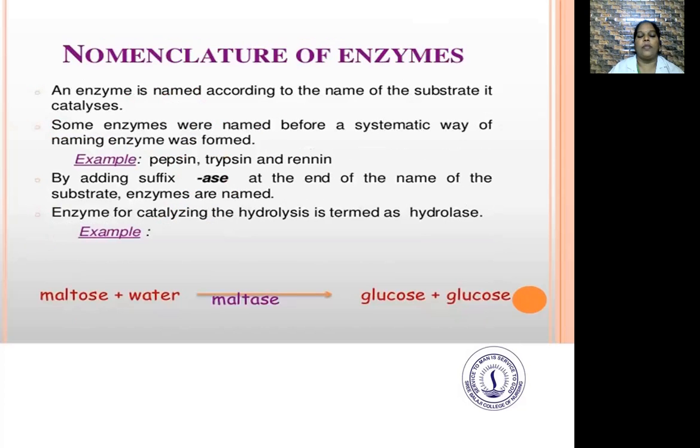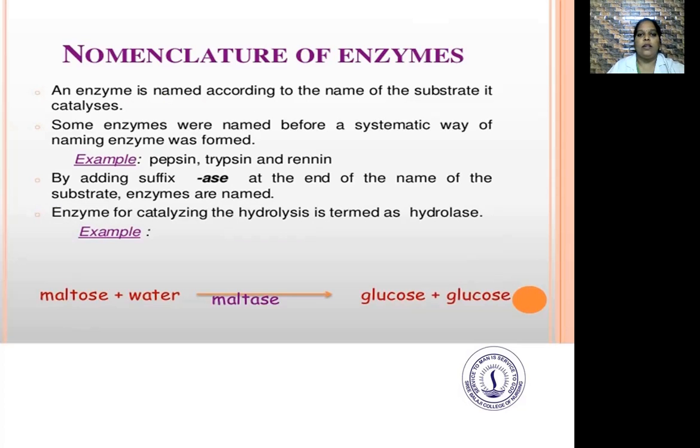Nomenclature of enzymes. An enzyme is named according to the name of the substance it catalyzes. Some enzymes were named before a systematic way of naming enzymes was found. Example, pepsin, trypsin, and renin.